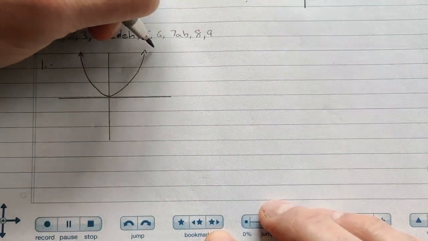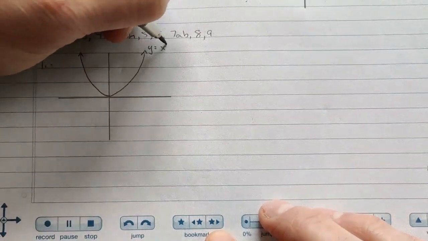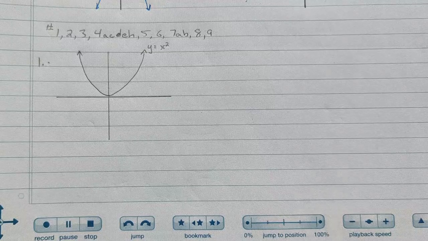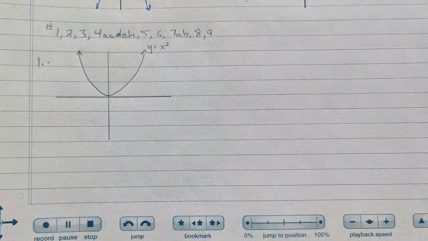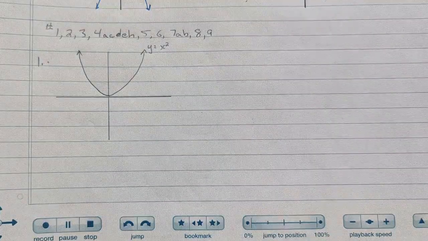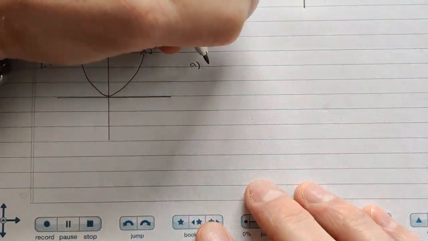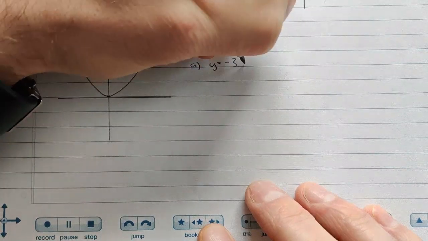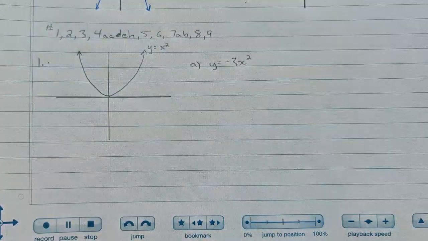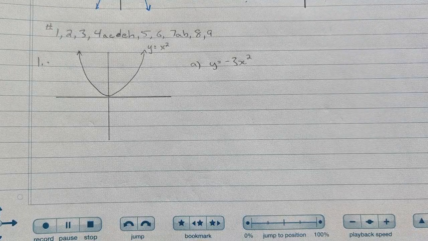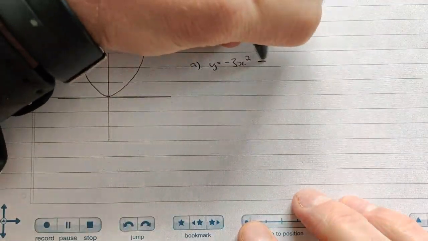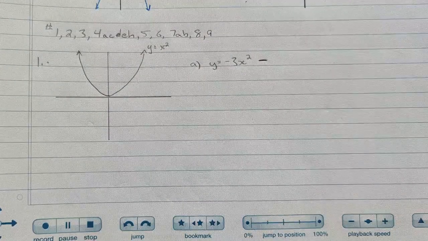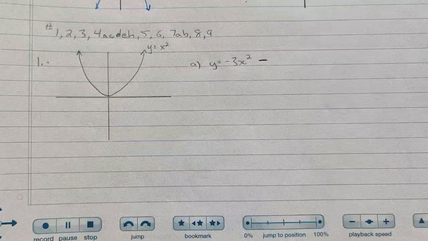Now, in the case of A, two things are happening. One, we look at the sign of A, negative.